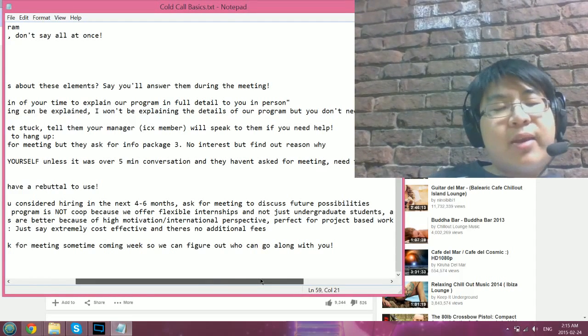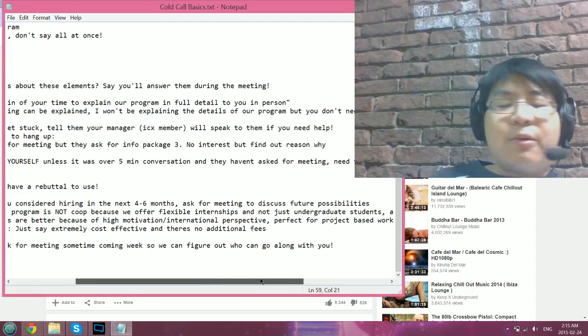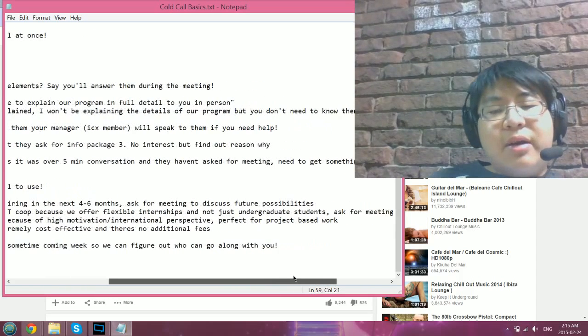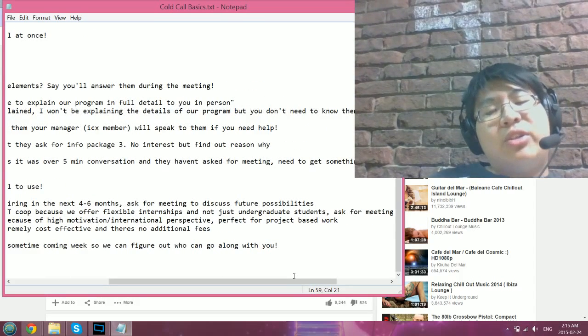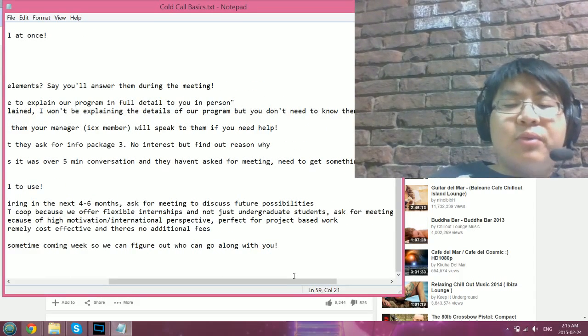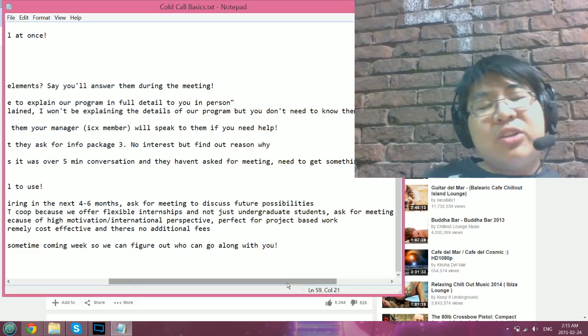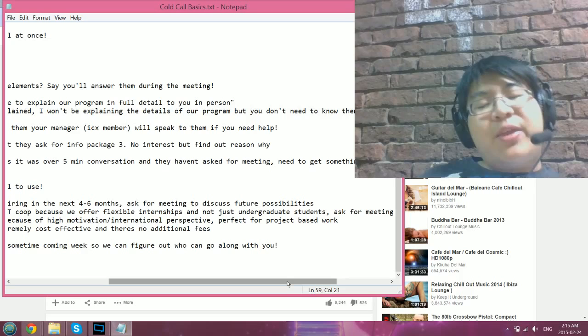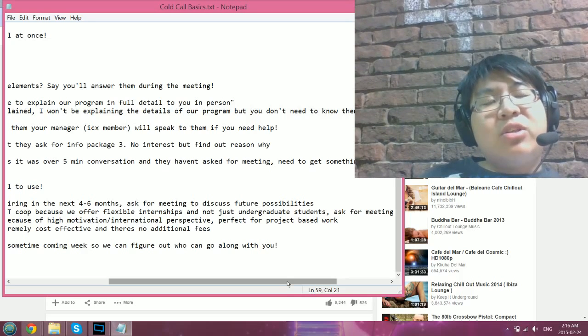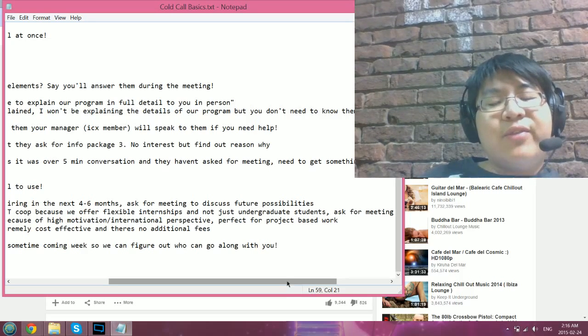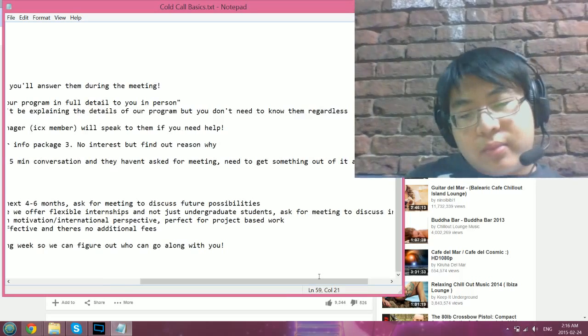We range from 6 weeks to 18 months, so we're very flexible. Another thing is that we don't just offer undergraduate students, which co-op normally offers. We offer students in their masters, students in their PhDs, maybe even students that have graduated up to 1 year. We can only take in students that have graduated within 1 year due to visa processing limits.